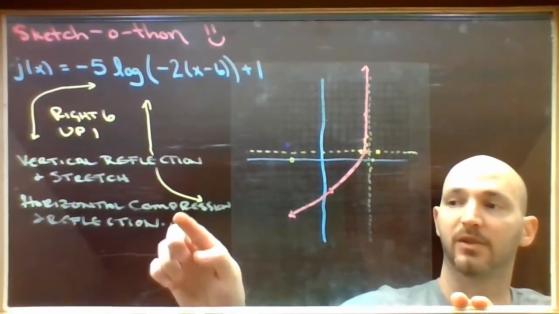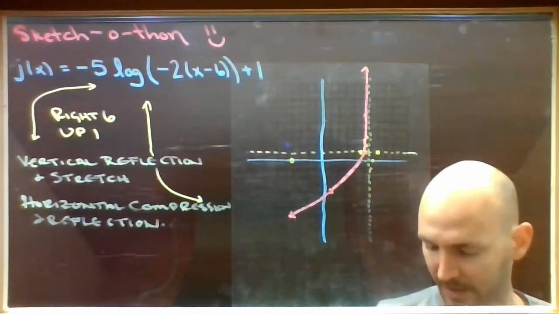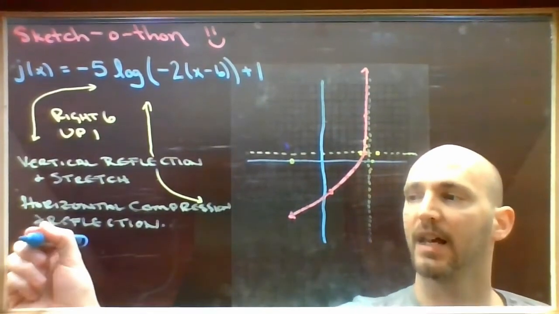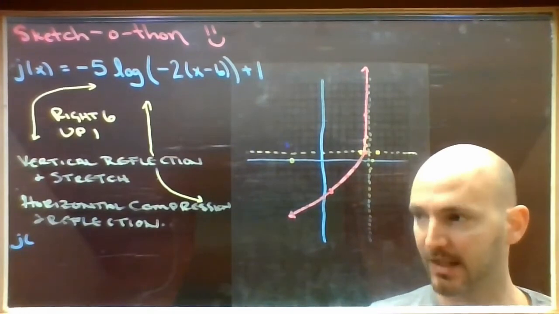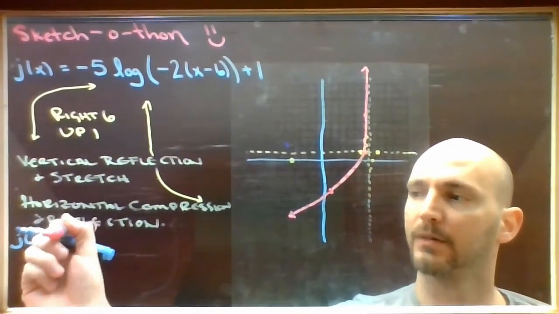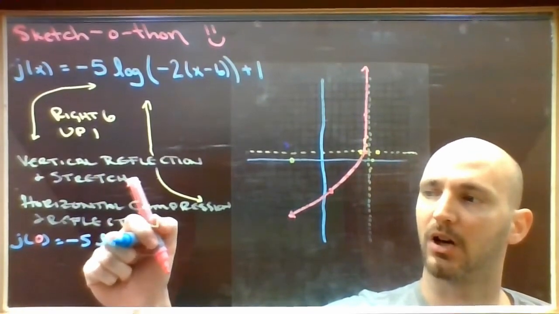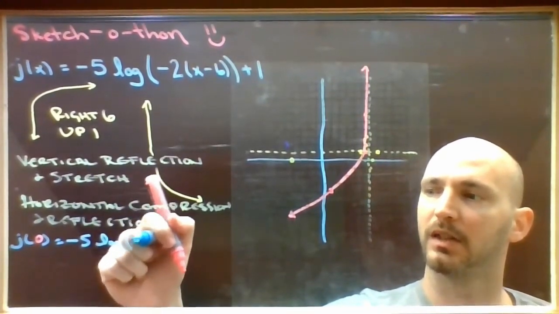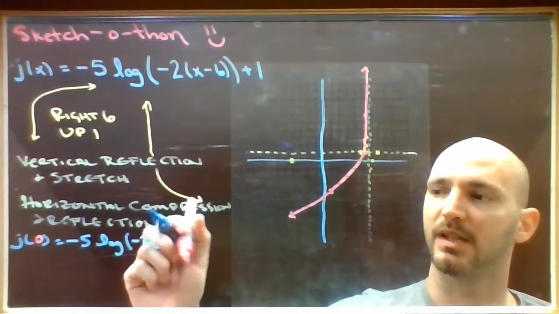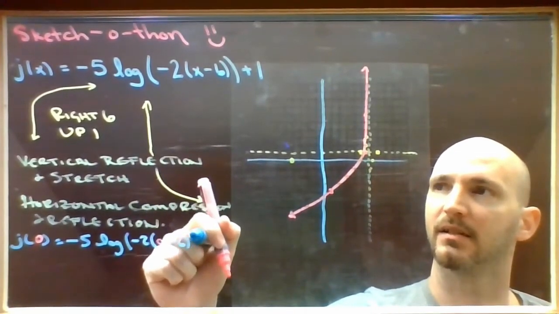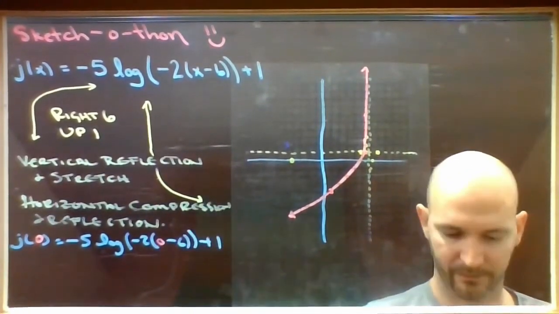As is always good practice, we're going to check the y-intercept to see where it is. So j at 0 would be minus 5 log of negative 2 times (0 minus 6) plus 1.